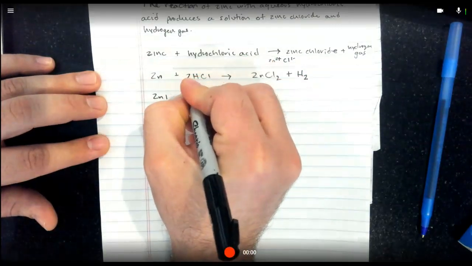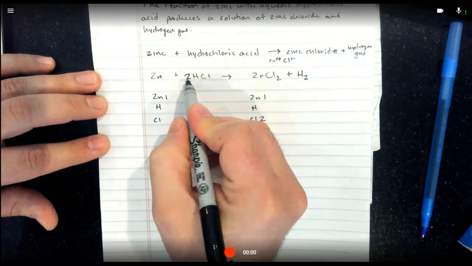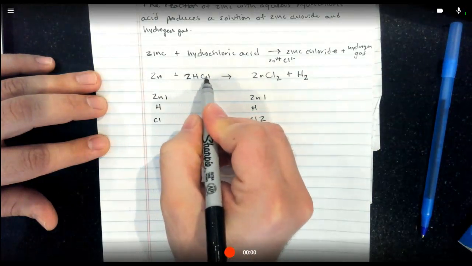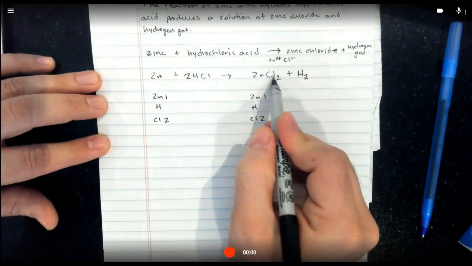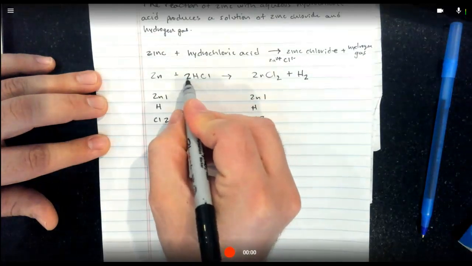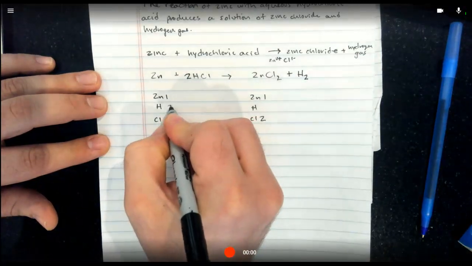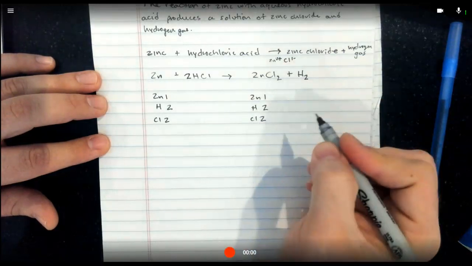So if we place a 2 in front of the HCl, we now have 2 chlorines on the left-hand side, and we still have the 2 chlorines on the right-hand side. Hydrogen, we have 2 hydrogens on the left-hand side and 2 hydrogens on the product side.